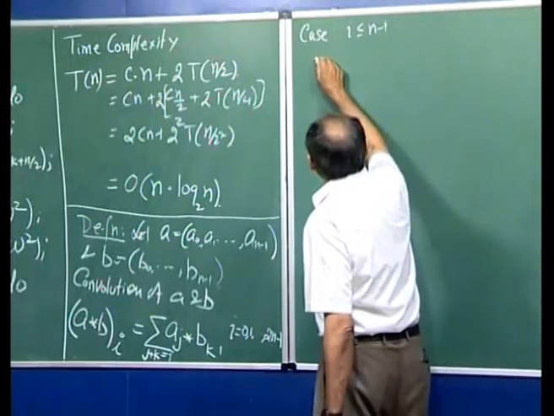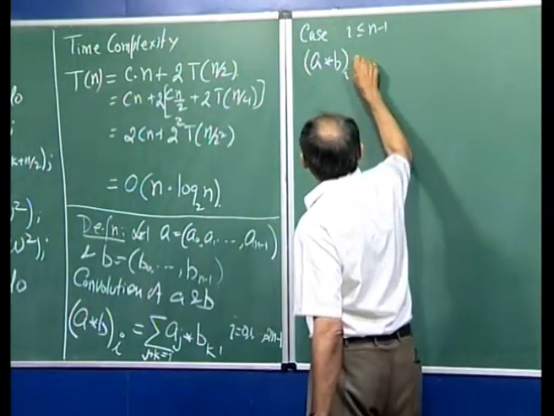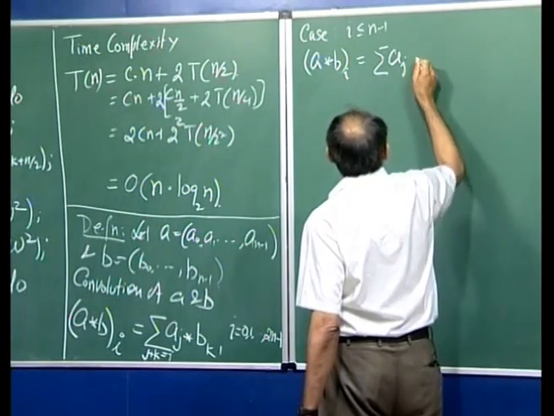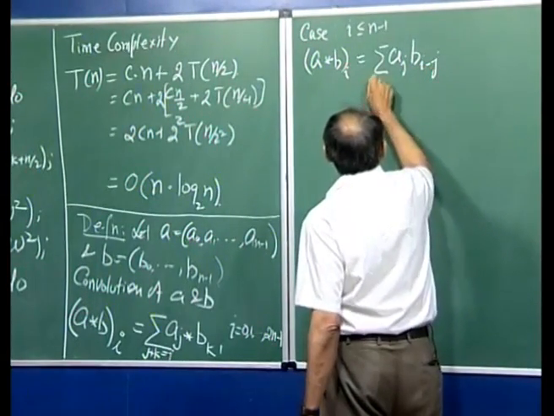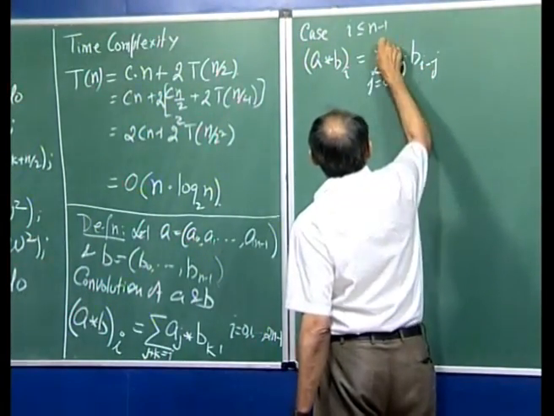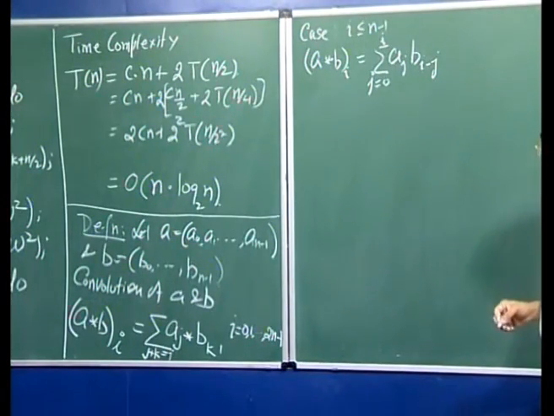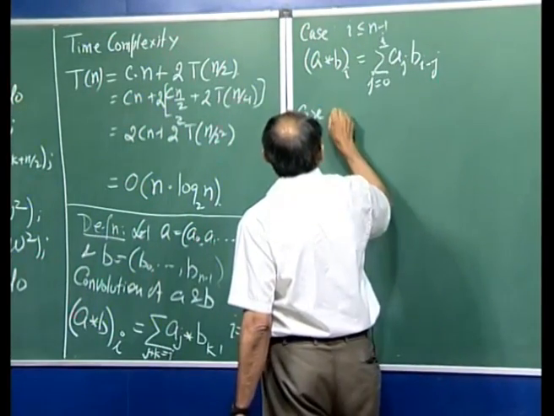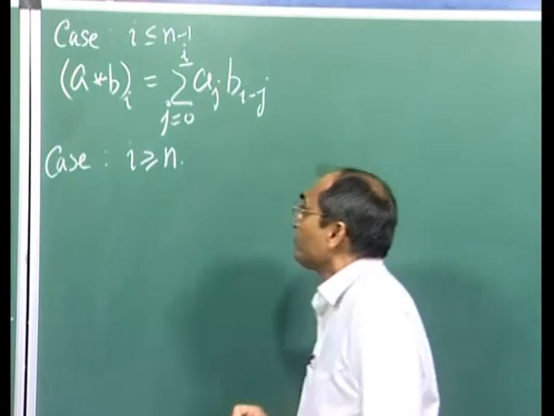So, we will get A star B I as sum A j B I minus j, where j goes from 0 to I. This is what we will get. The other case is when I is greater than or equal to n.